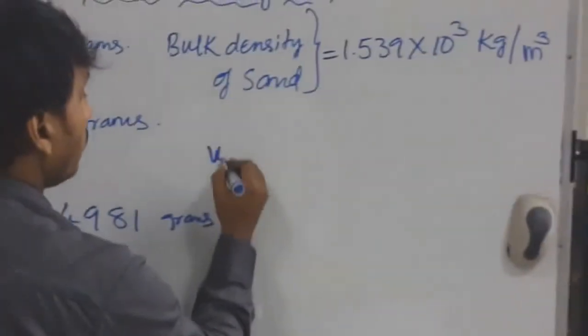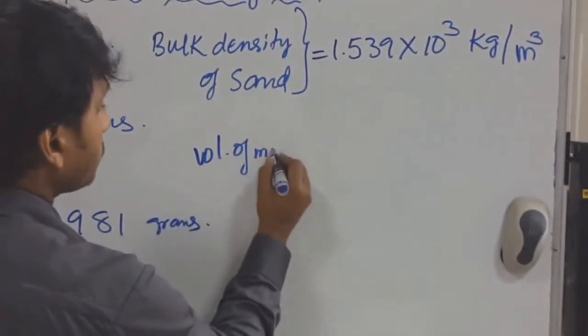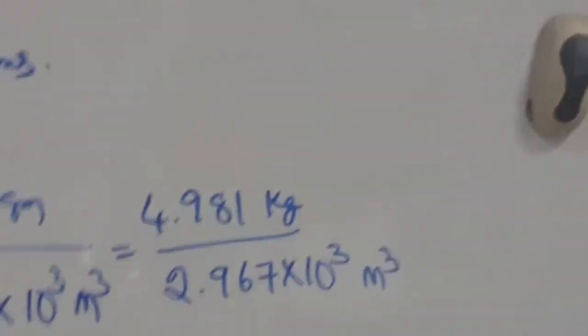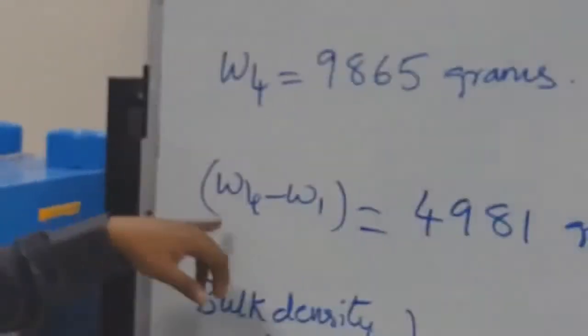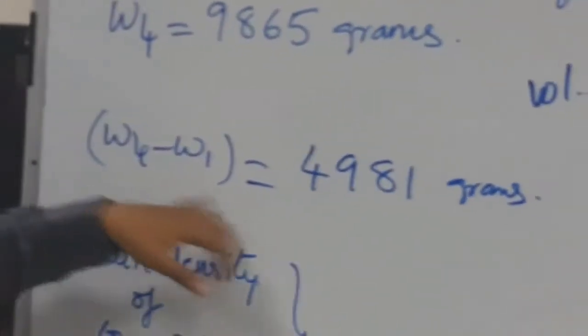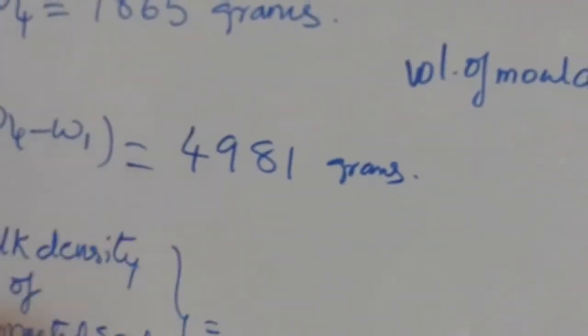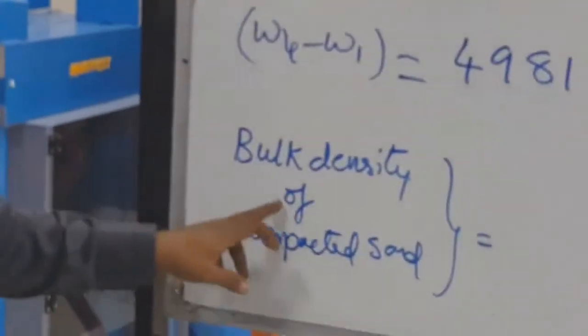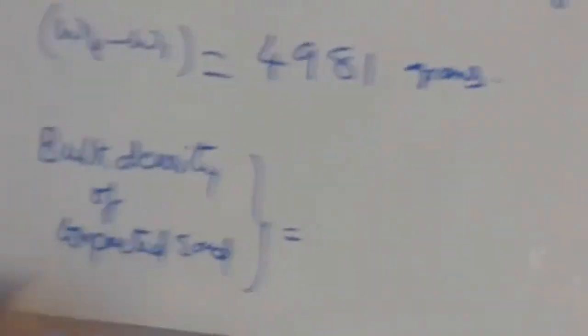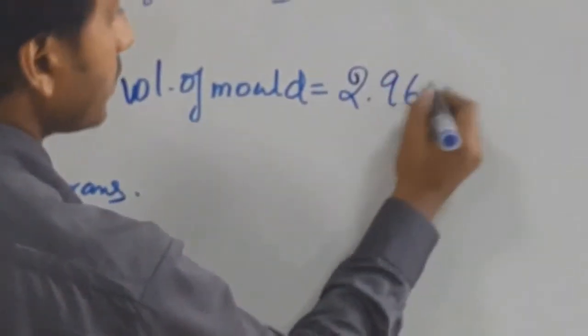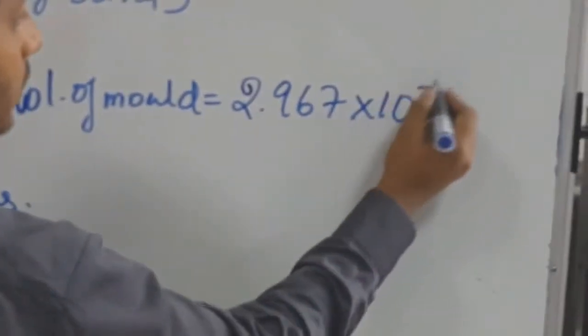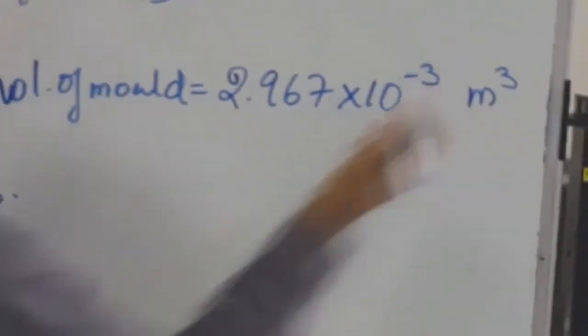Already you know the volume of mold. So after finding out W4 minus W1, the individual weight of the compacted sand, we have to find the bulk density of compacted sand. Already you know the volume of mold as 2.967 into 10 power minus 3 meter cube.